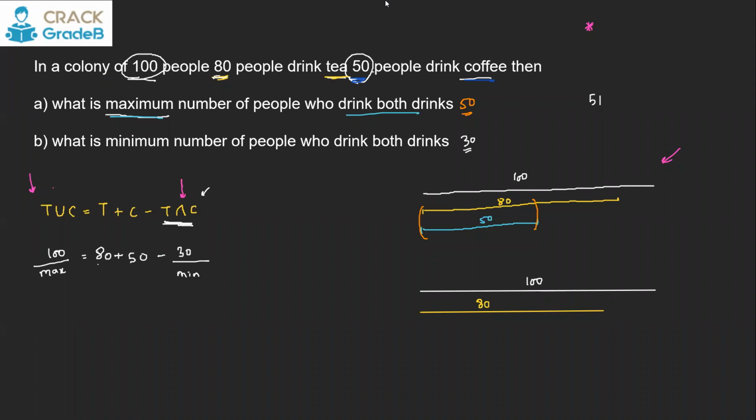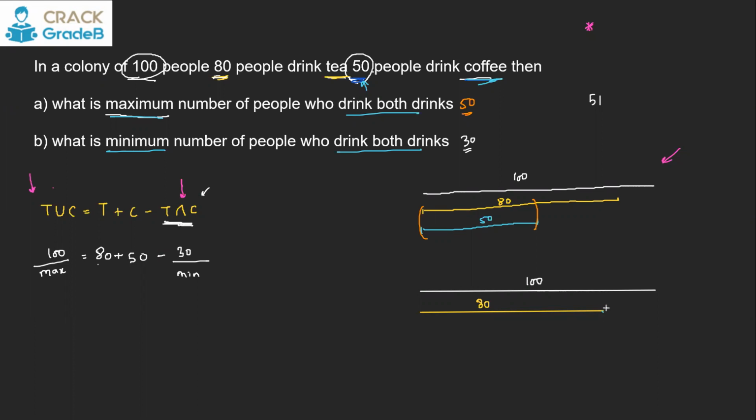And now once you start distributing the coffee coupon to 50 people, this time, what is your target? You want to minimize the number of people who drink both the drinks, or who have both the coupons. Minimize that means this time, you would not give the coupon to the people who already have the tea coupon. So you will start distributing from this point onwards, right?